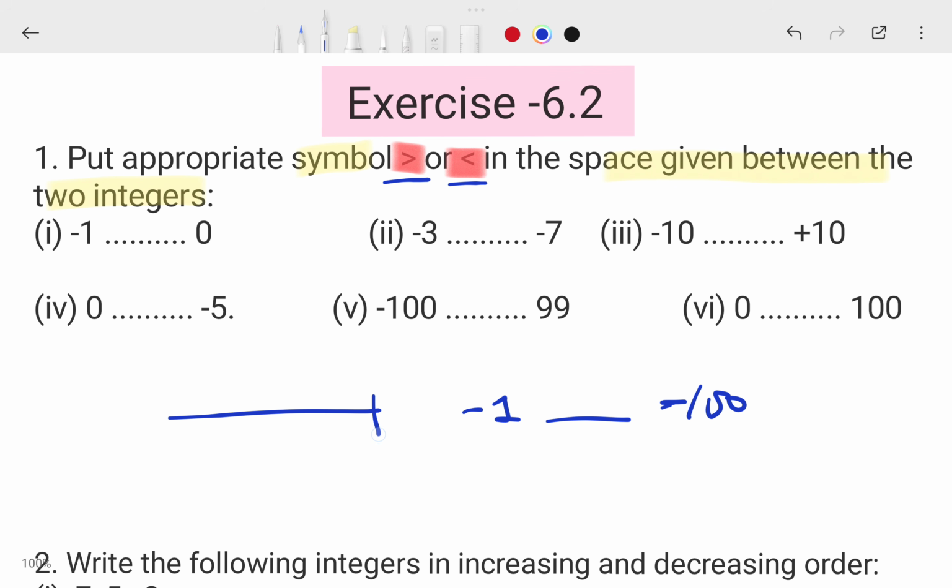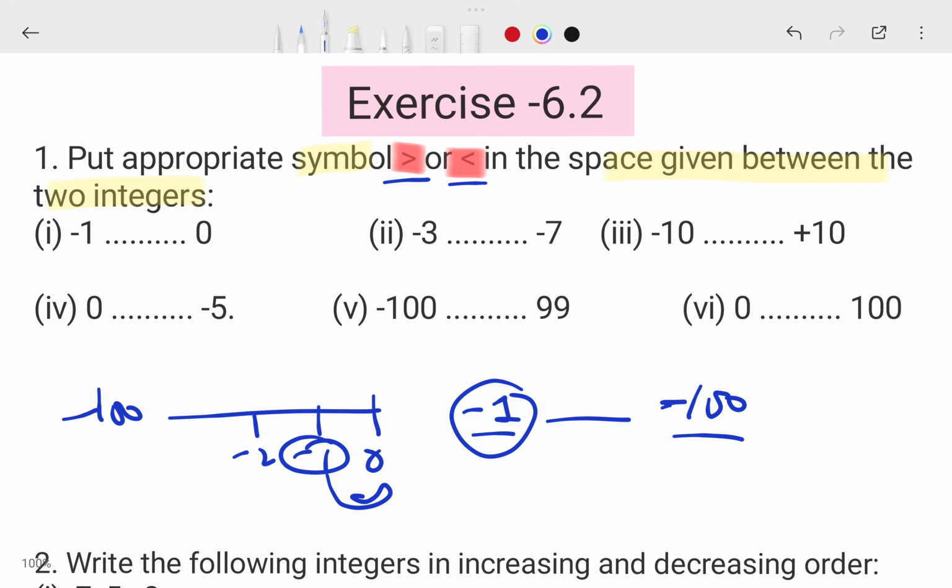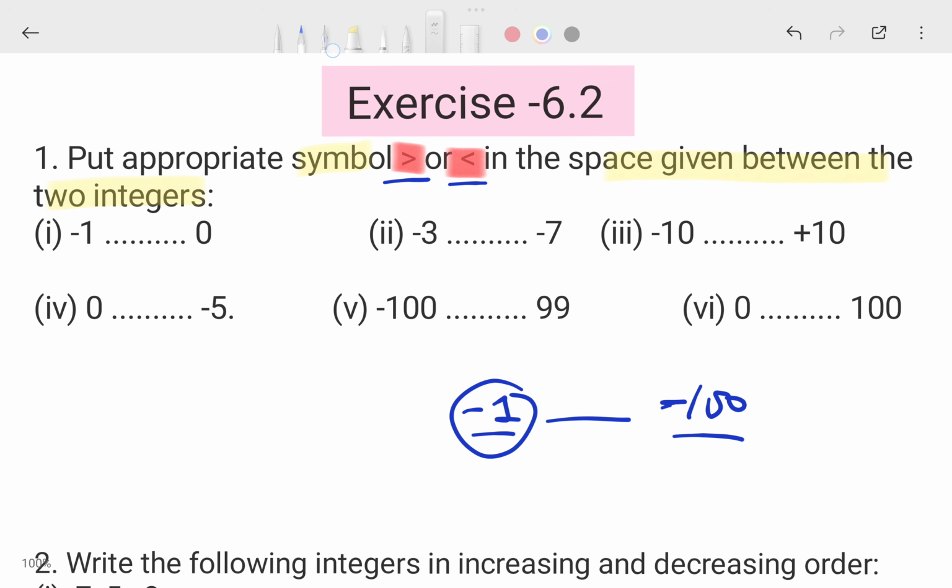On the number line, this is 0, -1, -2, and let's suppose this is -100 far away. -1 is very near to 0, that's why it is greater, but 100 is far away. The number looks bigger, like 100, but whenever you put a negative sign it becomes a smaller number. Between -1 and -10, the greater is -1 only, so the symbol goes like that.